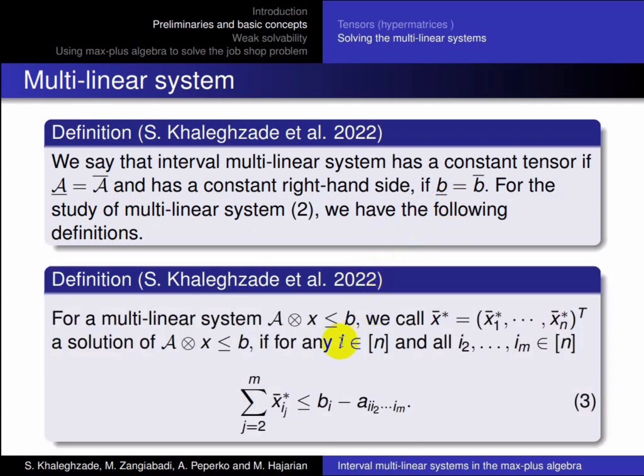For a multilinear system, if we use inequality instead of equality, we call x bar star a solution of this inequality if this inequality holds.